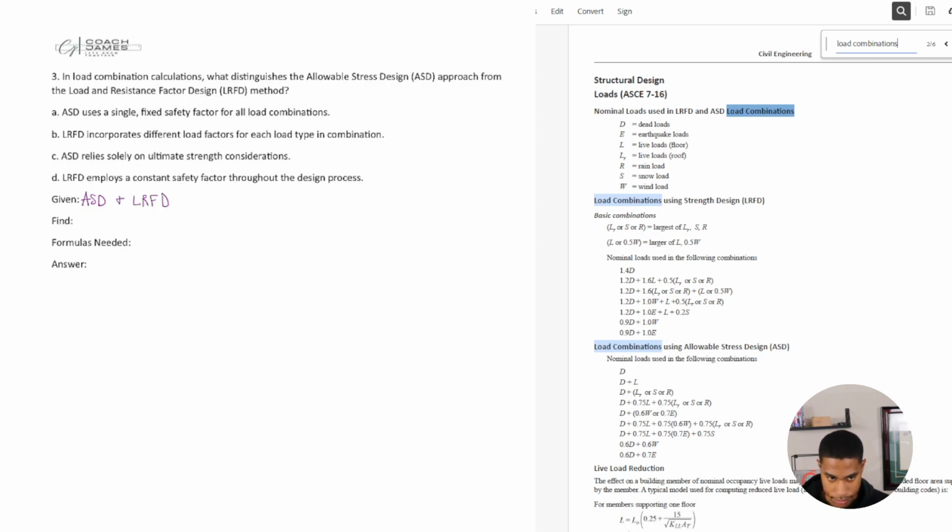Okay, so we're trying to find what distinguishes them. Basically, what's the difference?